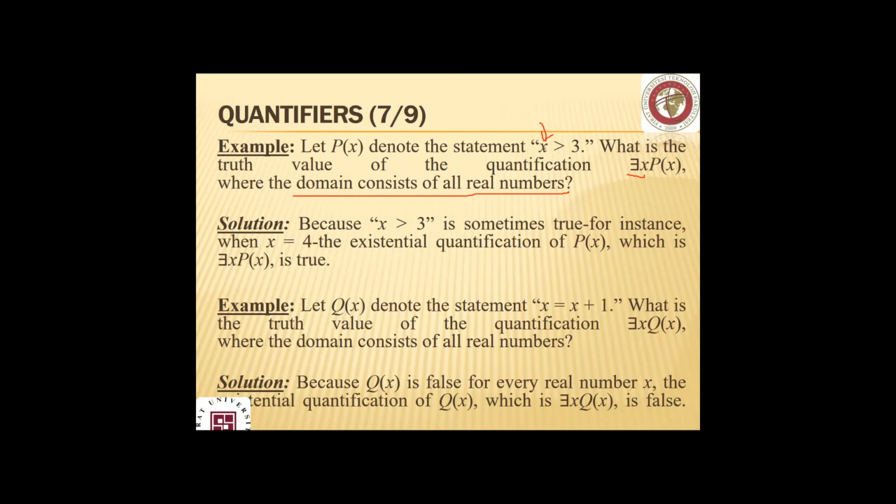Think about 4 for all real numbers, or maybe 3.1. That's enough. It's the opposite of the counterexample. One false value makes the whole universal quantifier false. But here in the existential case, you get just one true value, and that's enough for the whole quantification to be true.